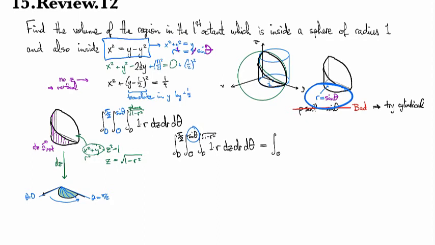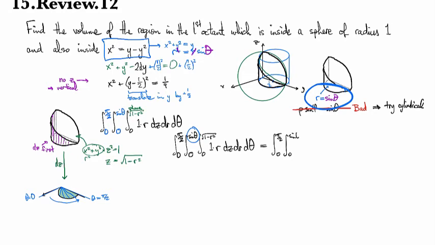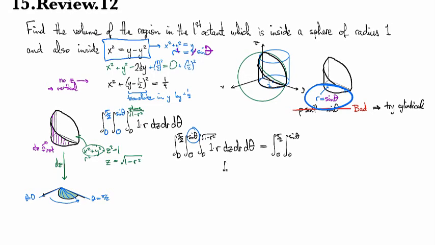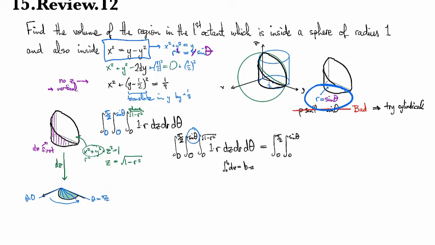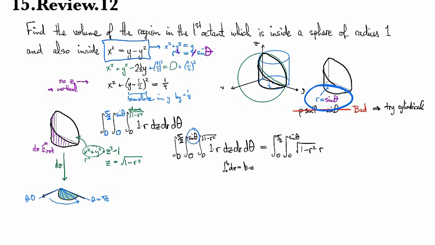So we've got 0 to pi over 2, 0 to sine of theta, and then another one of these that looks like the integral from a to b dz, so that's just b minus a. So I have 1 minus r squared r dr d theta.